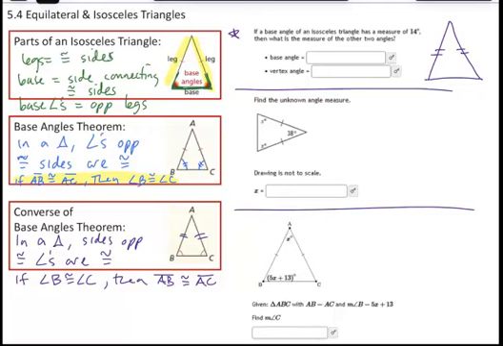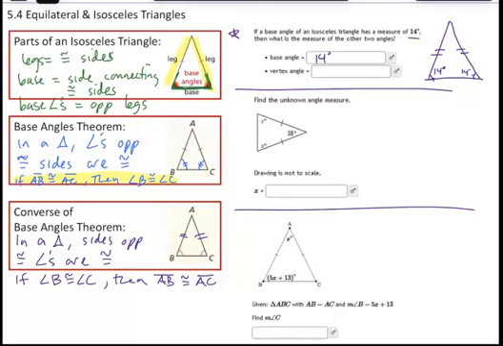Here, say this isosceles triangle has a base angle of 14 degrees. If this angle is 14 degrees, what do we know about the base angles here? If sides are equal, then the angles opposite them are also equal. So the other base angle will also be 14 degrees.